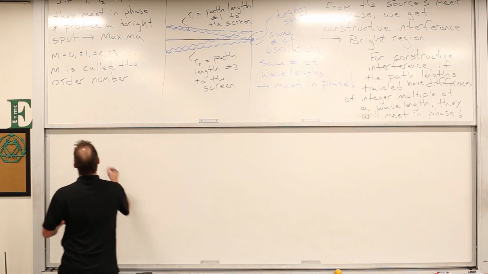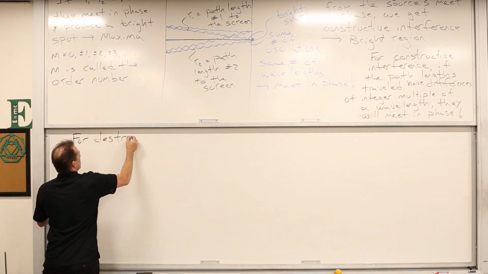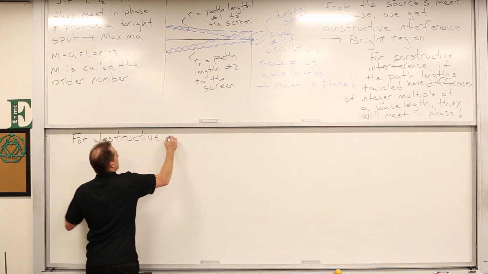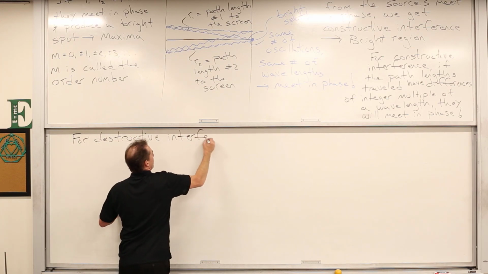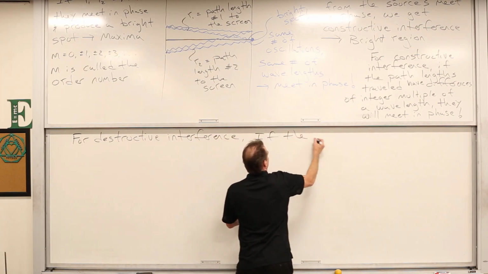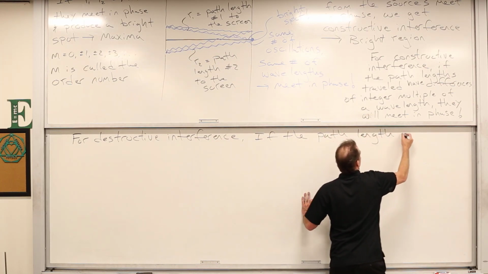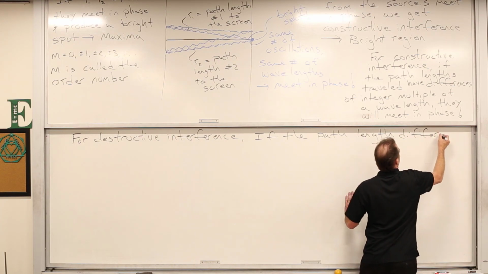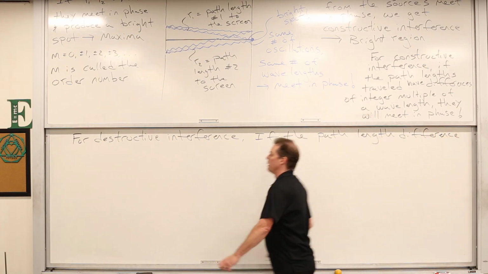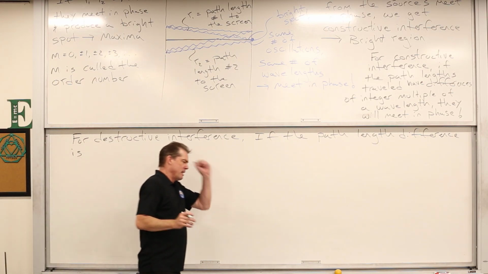So for destructive interference, if the path length difference is, well, what would it have to be here?